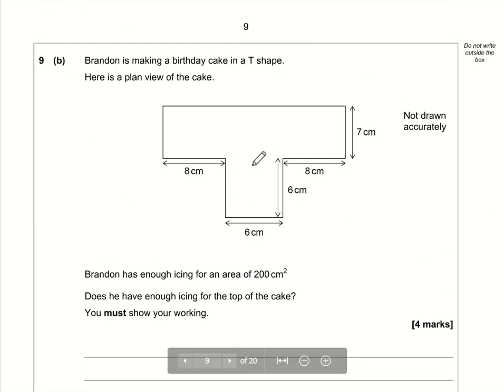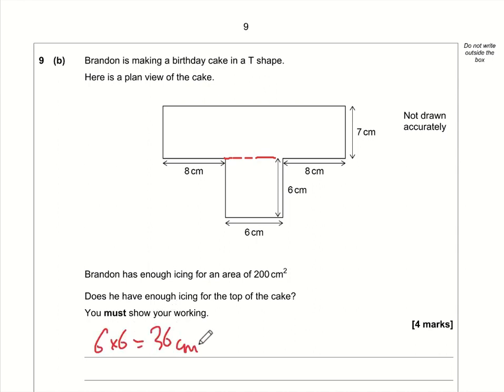On to B. Okay, so what we need to do is work out the area of this birthday cake. So split it into bite-sized chunks, because we can work out the area of, well, this is a square, so we've got 6 times 6, which is 36 square centimetres.